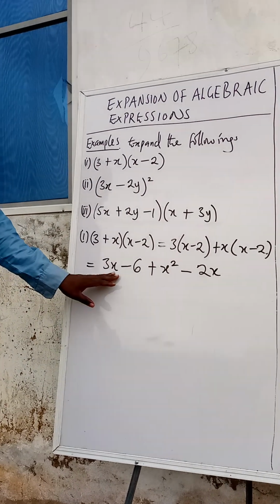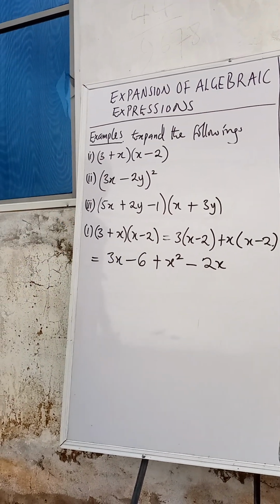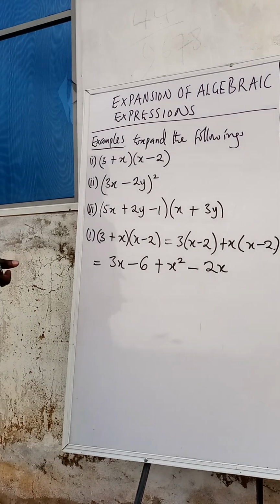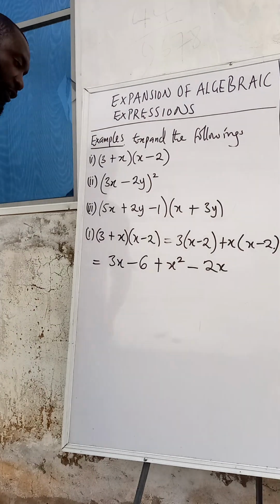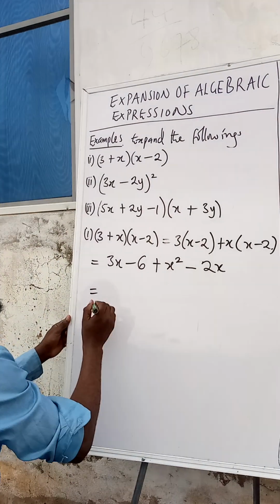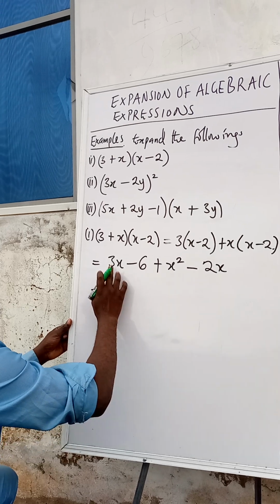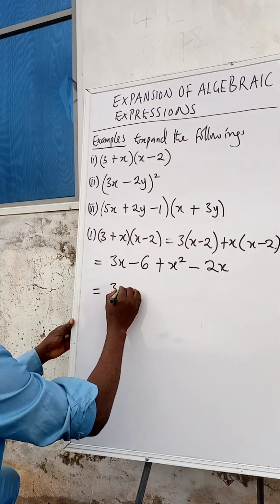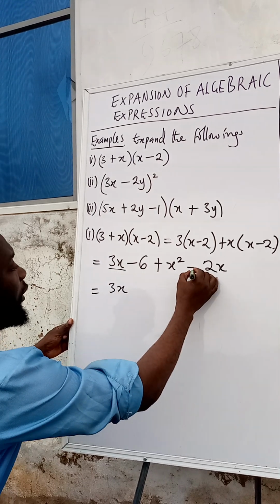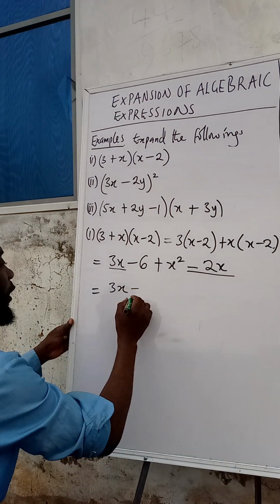But can we simplify this further? Yes, we can simplify this further by collecting the like terms. You can check my videos on how to collect like terms. So here we have 3x. Another one with ordinary x is negative 2x.